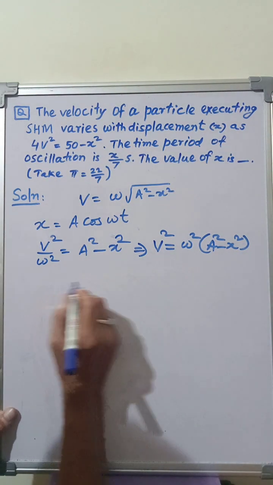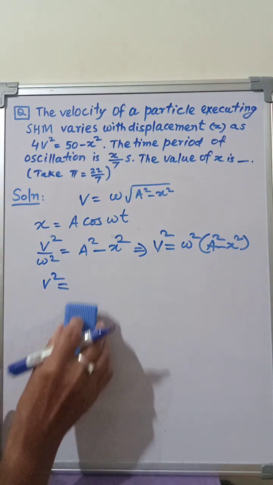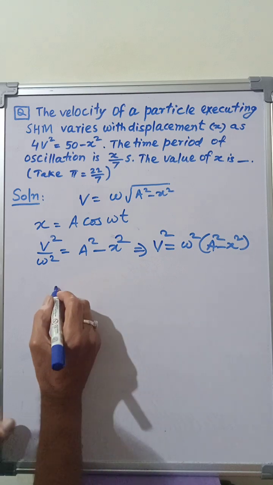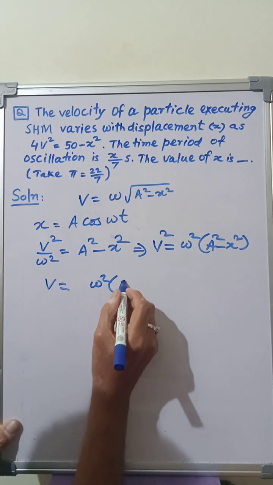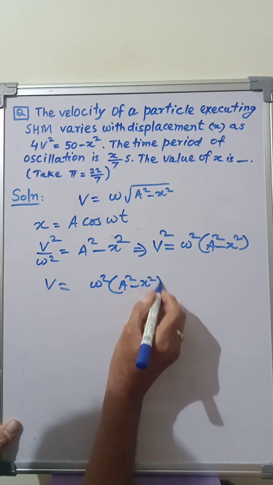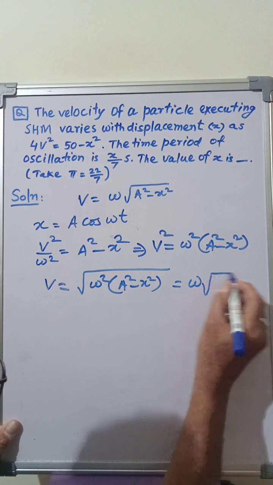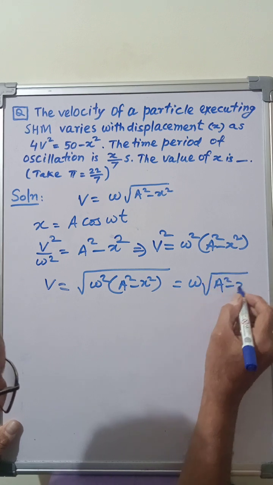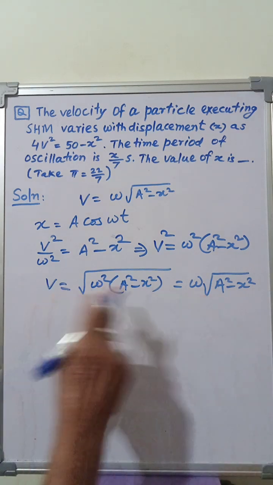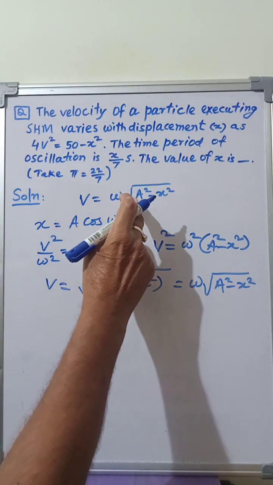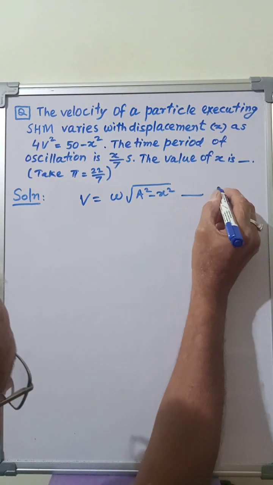Taking square root, v is equal to omega root over a square minus x square, which is the same equation as we are going to use. We have already written this here. Let us mark this as equation 1.